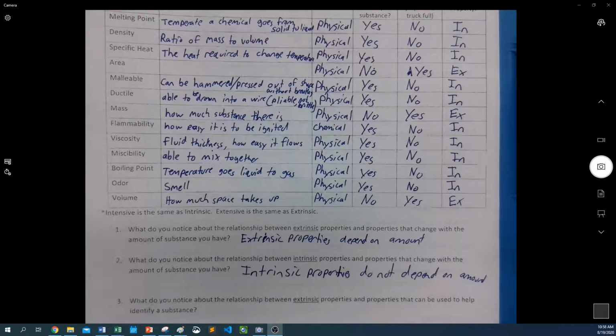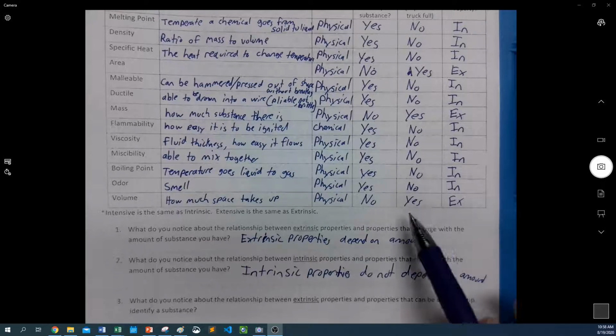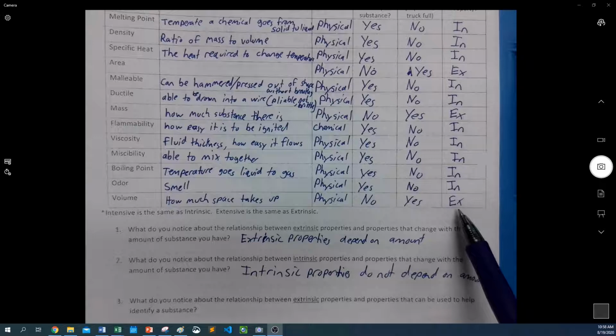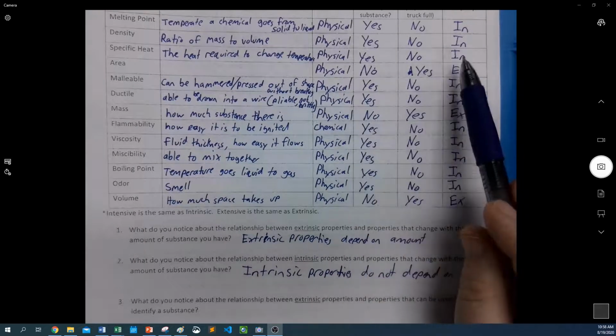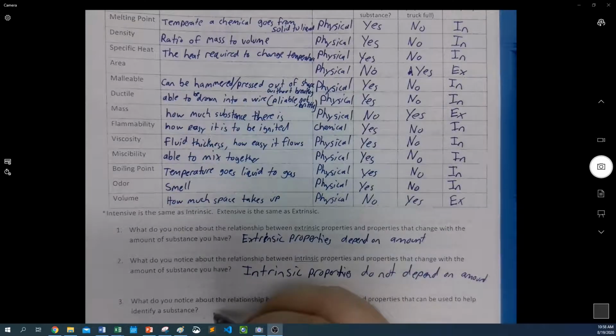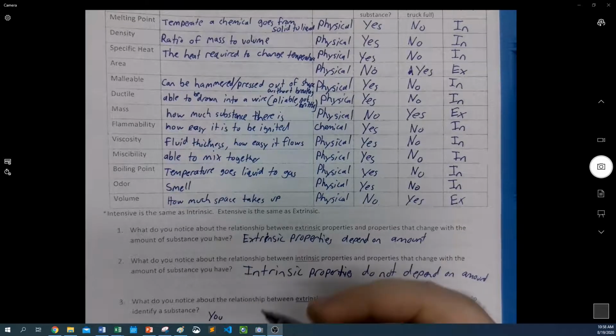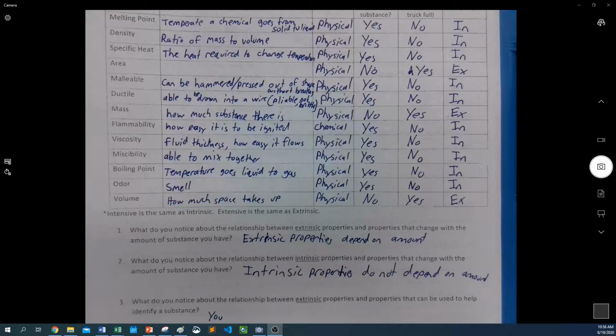What do you notice about the relationship between extrinsic properties and properties that can be used to identify the substance? You cannot use extrinsic properties to identify the substance. They are external to that substance.